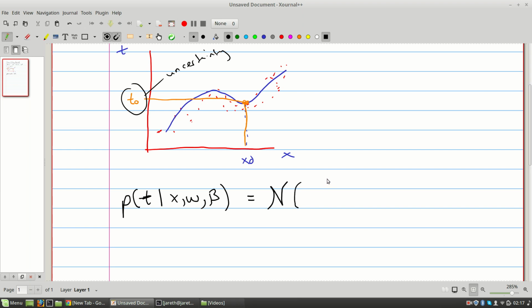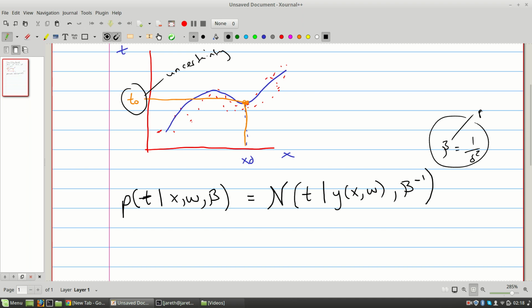We are just giving this as one example: a normal distribution over t where the mean is y(x, w) and the variance is beta inverse. If you remember, we had said that beta was actually 1 over sigma squared, and beta was representing the precision, which will make more sense when we go into future lectures.